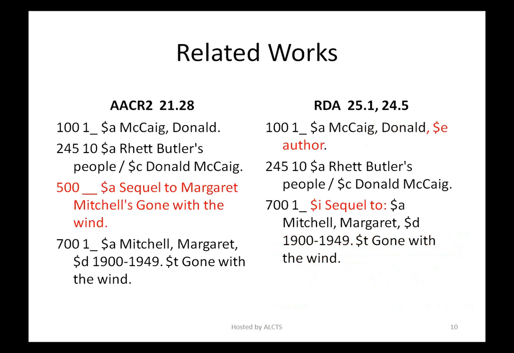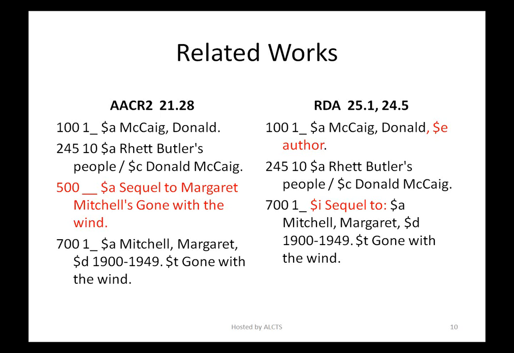A little bit about related works. You can see relationships now in RDA can be spelled out using relationship designators. And so you can see an example of a sequel to Gone with the Wind, where in AACR2 we would make an added entry for the related work, but we would have to indicate what the relationship was in a note, in this case a 500 note.